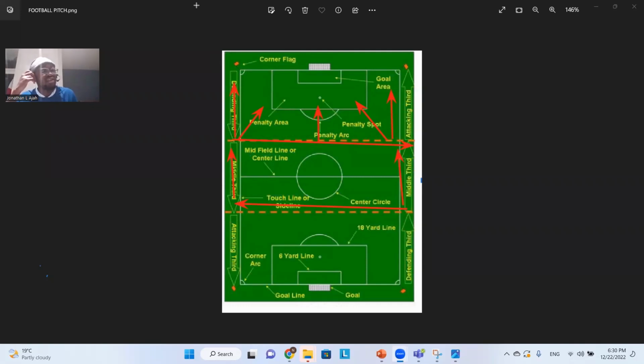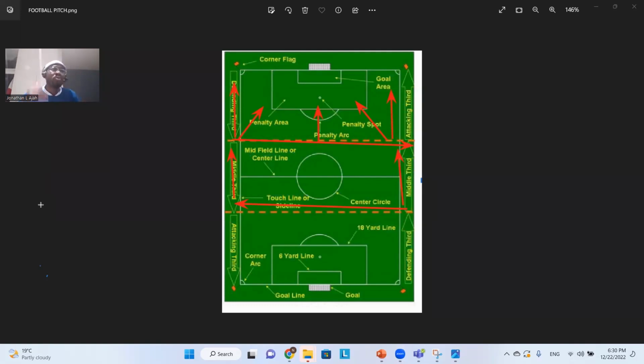So 4-3-3 is highly offensive, isn't it? You've got 2 attacking midfielders on the flank and a striker in the middle. Then you have 1 defensive midfielder and 2 on the side, and then the defense line.